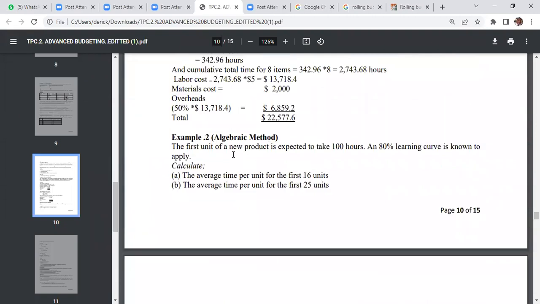Okay, this was the information given. You said that the first unit of a new product is expected to take 100. So in your formula, this is the formula.